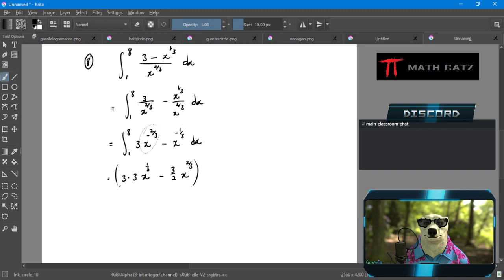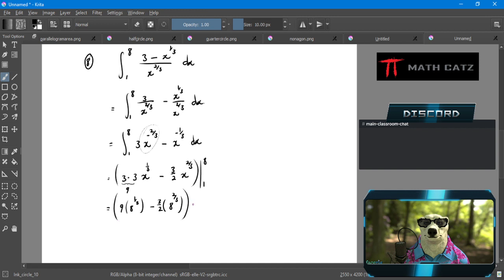And once I'm happy with my antiderivative, it might be a good idea to simplify it because now I have to plug in the top boundary value. So I'll have 9 times 8 to the 1/3 minus 3 over 2 times 8 to the 2/3.